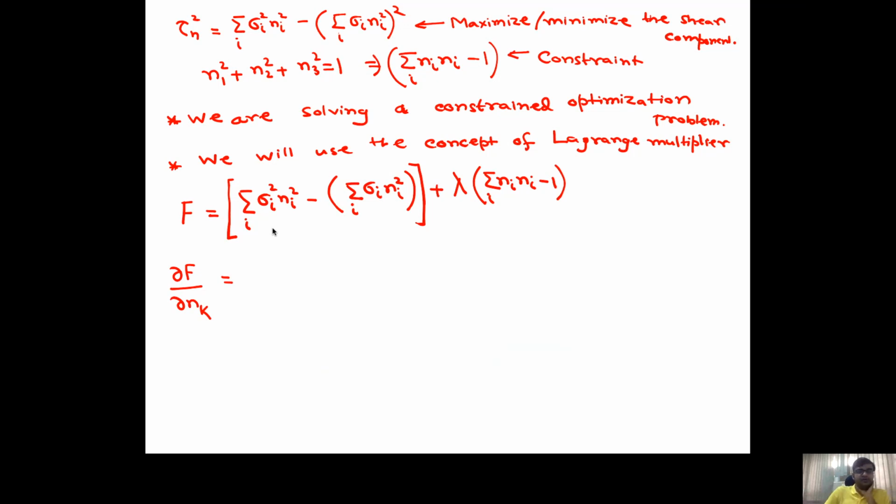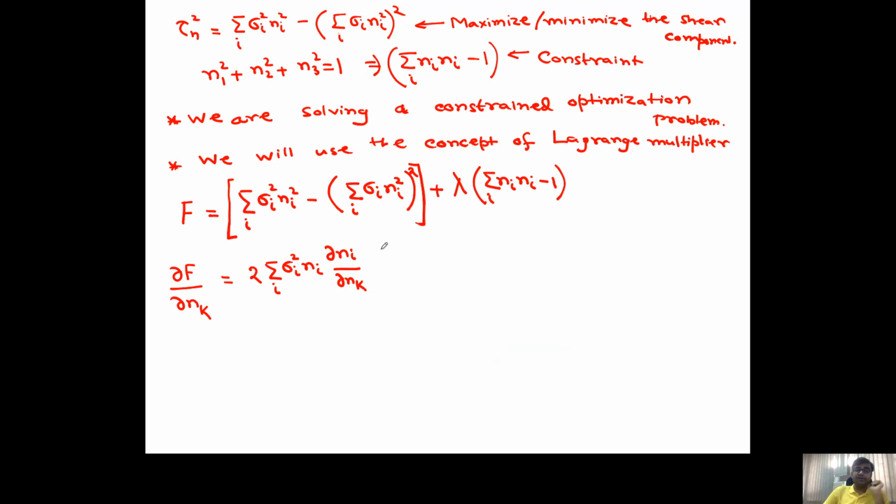So for this first term, what do we have? 2 summation i sigma i square ni, and then we have del ni by del nk. So I have a question for you: what is this del ni by del nk? This is something we discussed while deriving the principal stresses. So you think about it. I will come back to it after I write the expression. So you see, I have missed the square here. There is a square term.